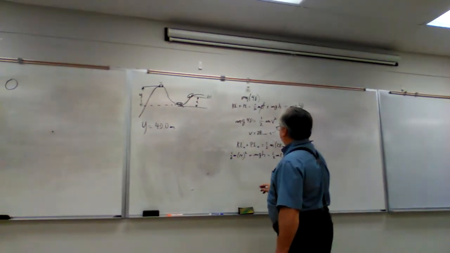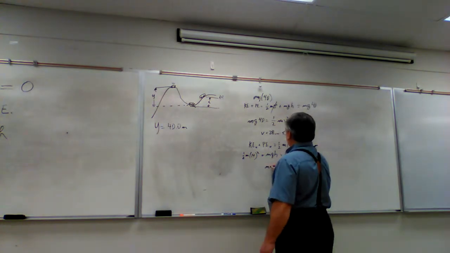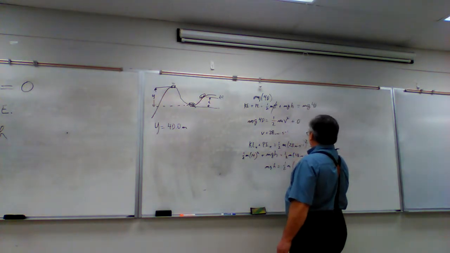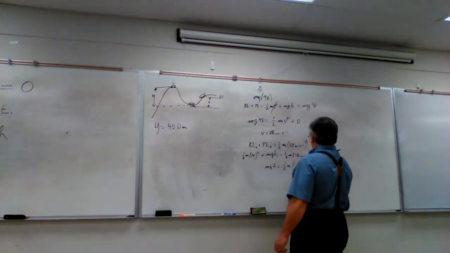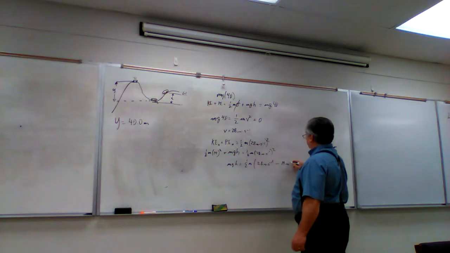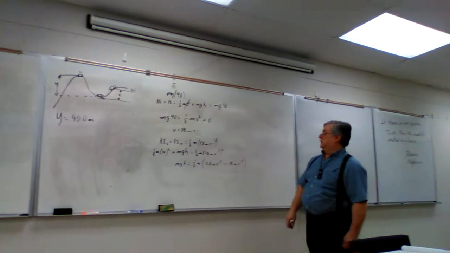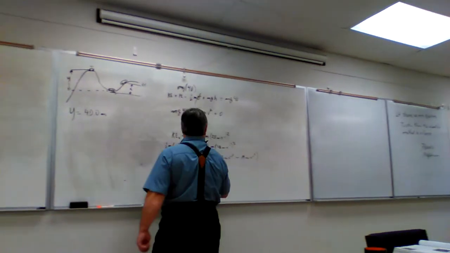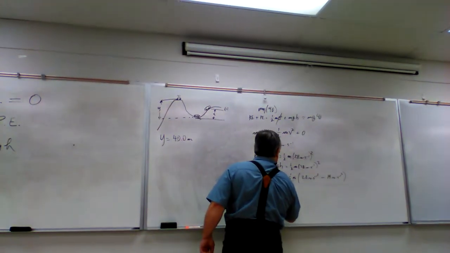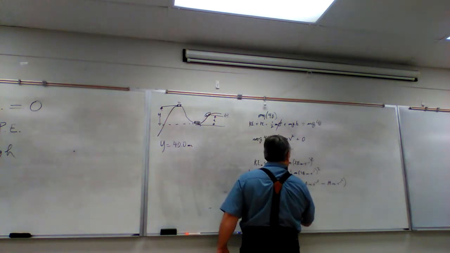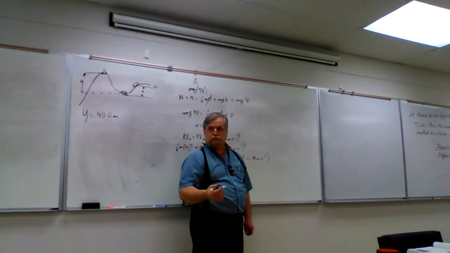Now we can simply subtract this. 28 meters per second squared minus 14 meters per second squared. What does that give us? What's 28 squared minus 14 squared? Somebody?